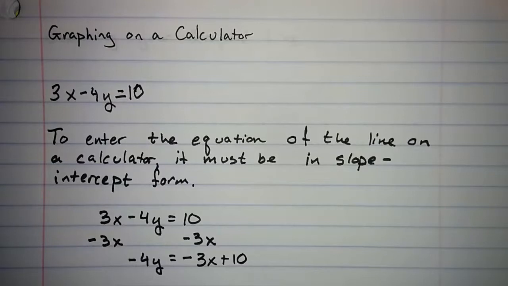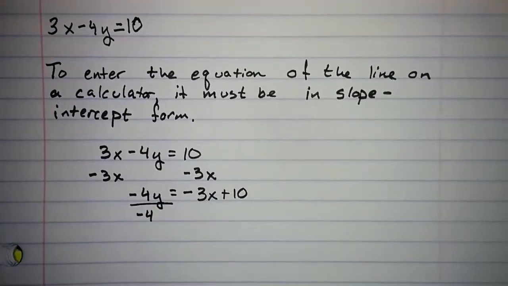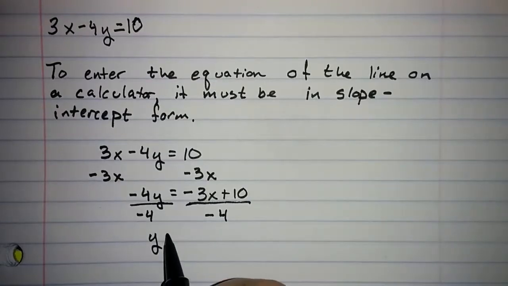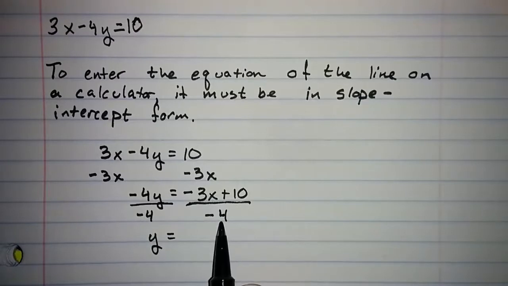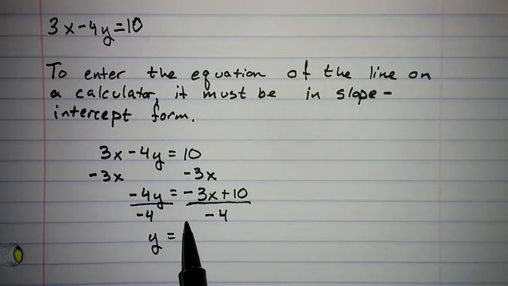Alright, now all that's keeping y from being by itself is that it's multiplied by this negative 4. How do we get rid of that? We divide both sides by negative 4. Alright, so negative 4y divided by negative 4 is just y. Negative 3x divided by negative 4: negative divided by a negative is a positive, so this is going to be positive 3/4 x.